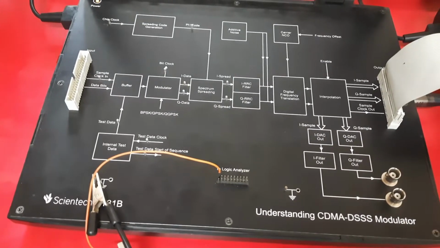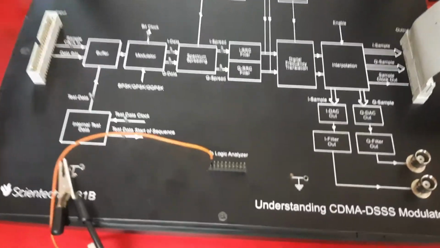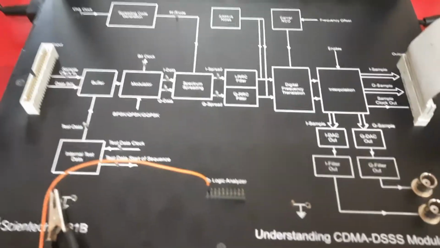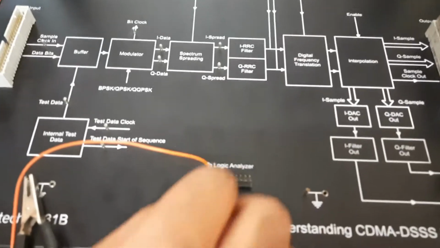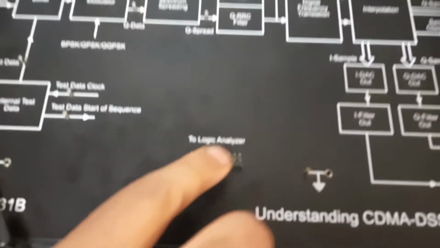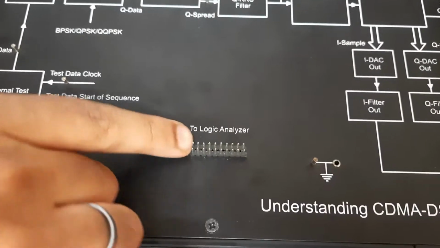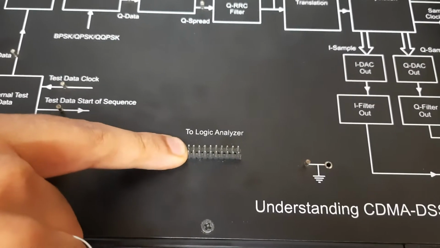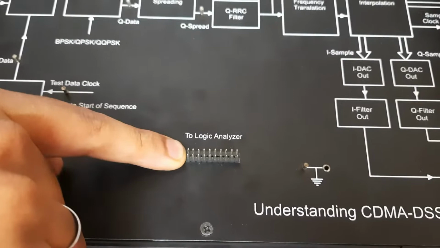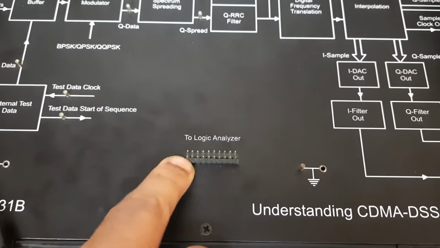So now we'll see the PN code and different test points. You can see here these are the pins available on the kit: 10 from the upper side, 10 from the lower side. There are two rows: first row, second row. In the first row there are 10 pins which are the actual test points, and the second row is all ground pins.